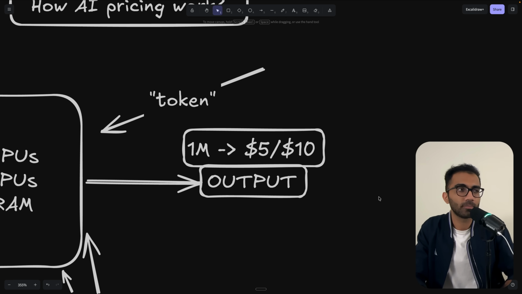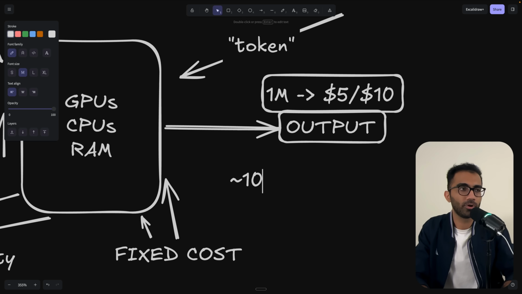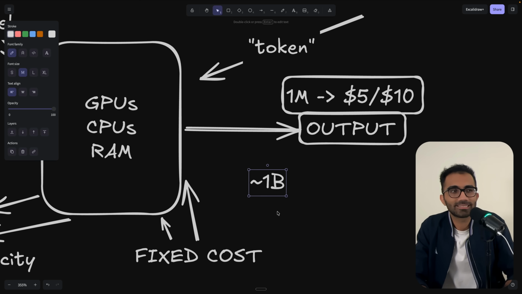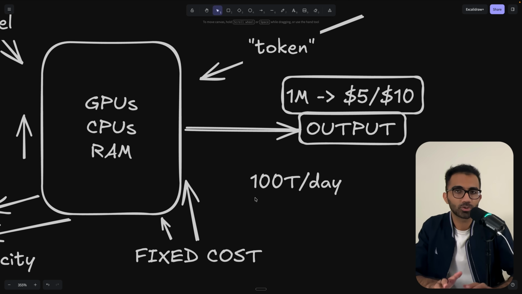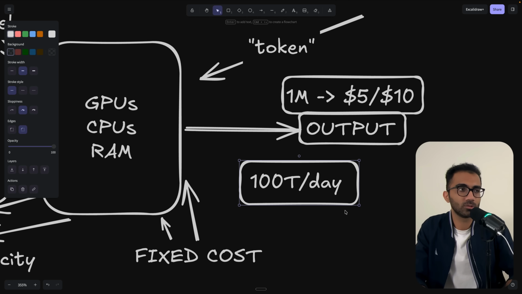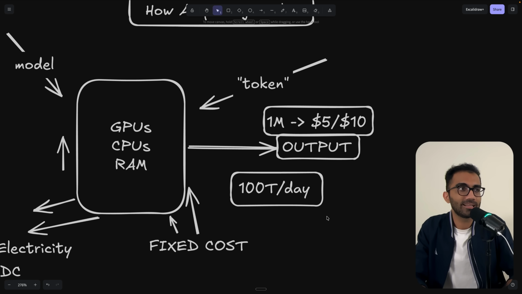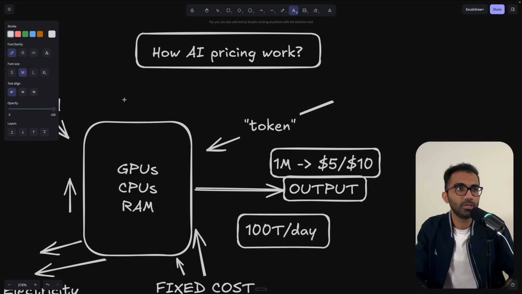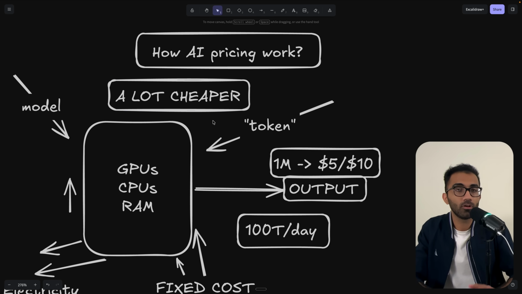Yes, you can run some numbers and figure out, based on our usage of, let's say, 100 million people or 1 billion people using this model, we would estimate that if we are doing, let's say, 100 trillion tokens per day on this specific model, it'll come down to this much cost. And you can just run that math. But the reality of the situation is that this would actually be a lot cheaper for Anthropic and for other inference providers if a lot of people are using their models, right?